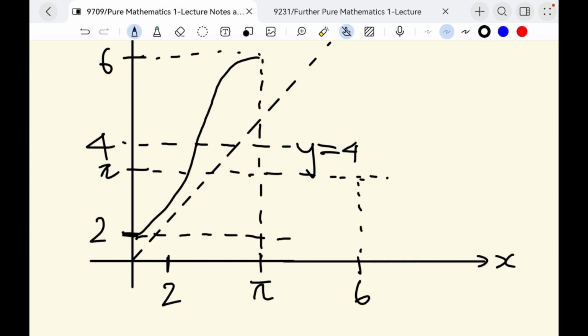So when there's pi over 2, it is 4. So 4 must be somewhere here. We can estimate pi over 2, which is 1.57.